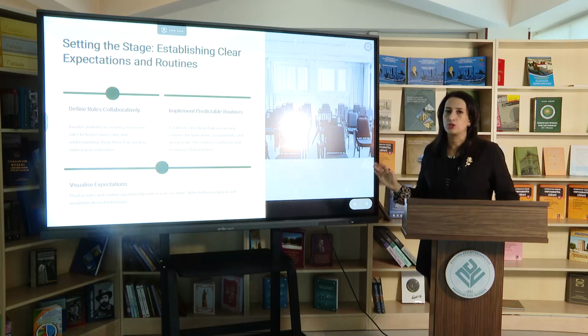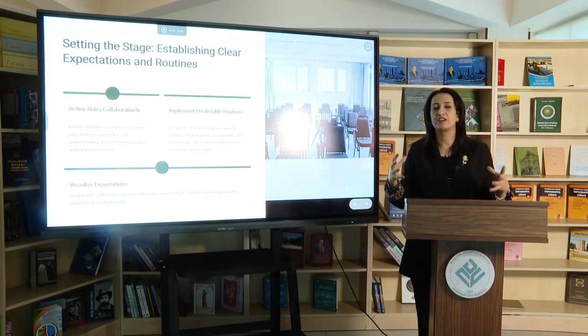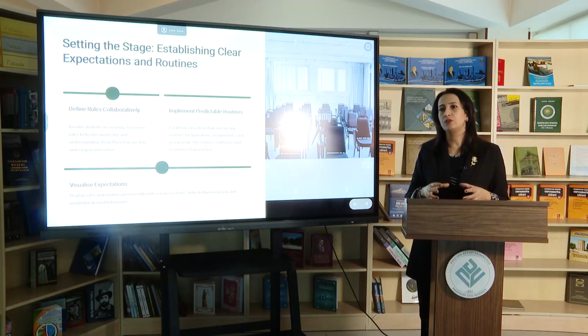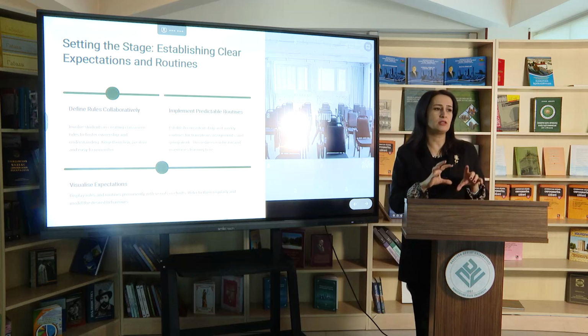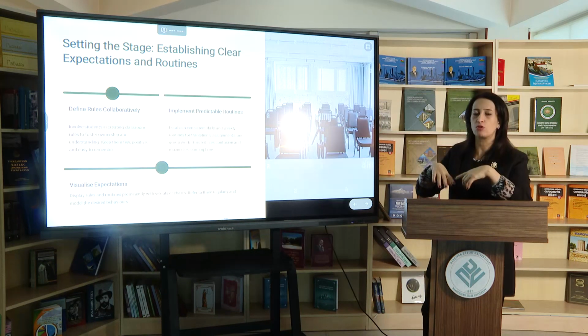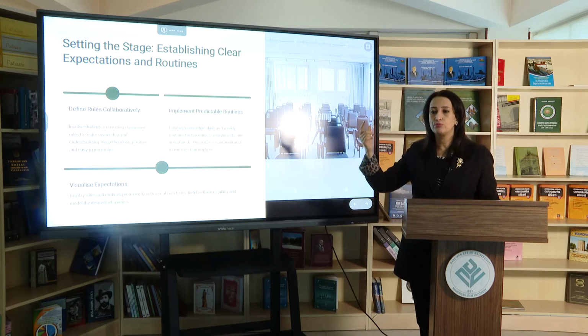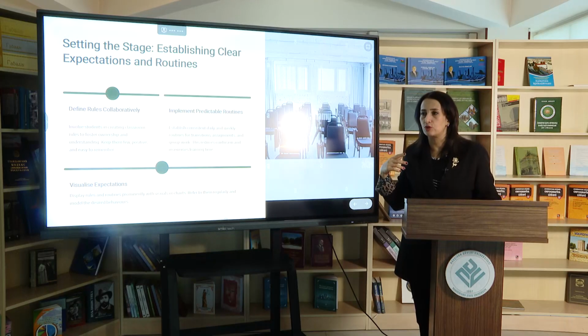Visualize expectations. It means that we spoke about setting up our rules, and if we have some rules, we can make some cards, or we may have some boards in our classroom, and they will help us to memorize the rules of the classroom.